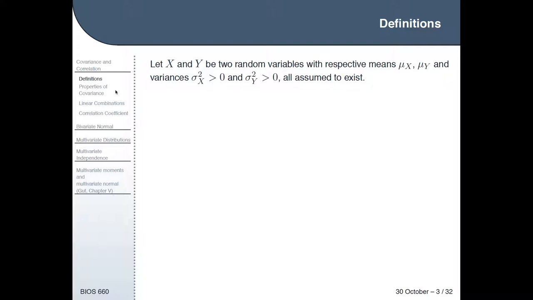But say we have two random variables, mean mu x, mu y, variance sigma x squared and sigma y squared, all of which exist. The covariance of x and y is defined to be just the expected value of x minus mu x times y minus mu y, usually denoted by sigma xy.